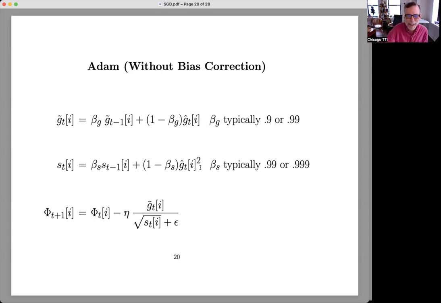Now, why do I take the second moment? It's because I want to be insensitive to the sign. I want negative and positive gradients to both contribute to the scale of the gradient. So if I take the square root of the second moment, I get something that's proportional to the scale of the gradient. If this gradient is getting huge, both positive and negative, I want to normalize it to make it sort of unit scale.